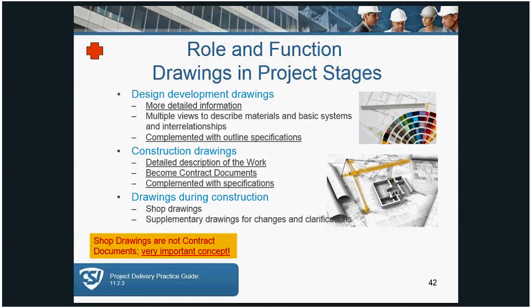CDs, or construction drawings, are produced in stages. You normally see them at 60, 90, and 100%. They get more detailed with each submittal and are complemented with full sets of specification, typically using the MasterFormat system.